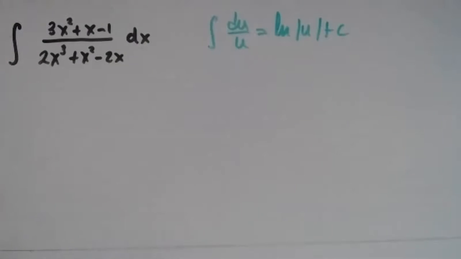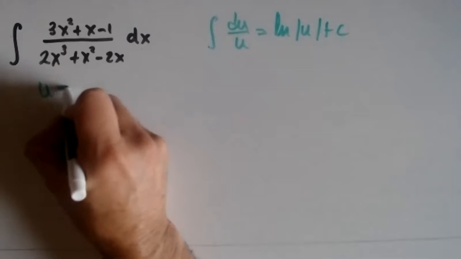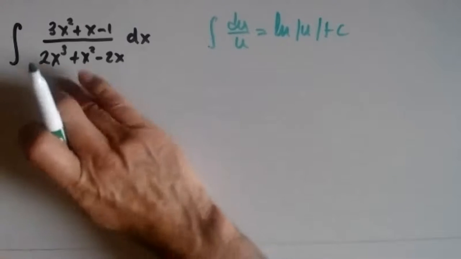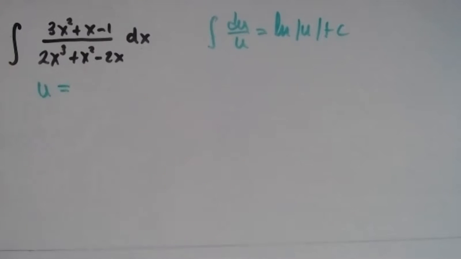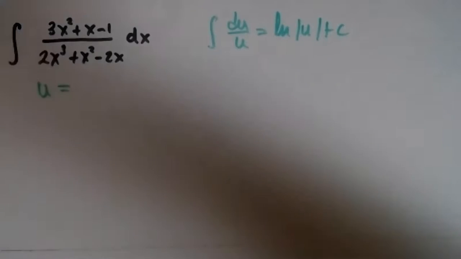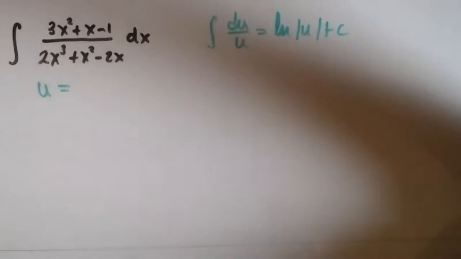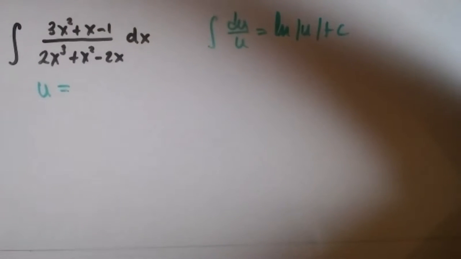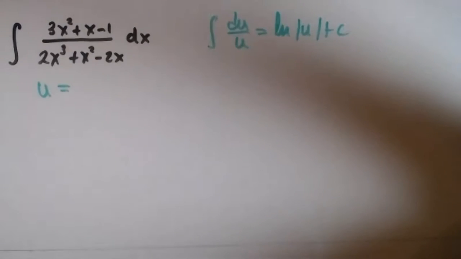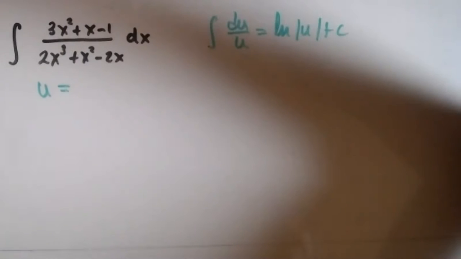So let's see the options. Who can be the u? Remember, 2x to the third power. Remember the hidden rule in this problem: because you are going to take the derivative of the u, if you select one u, the other one should be like the derivative.